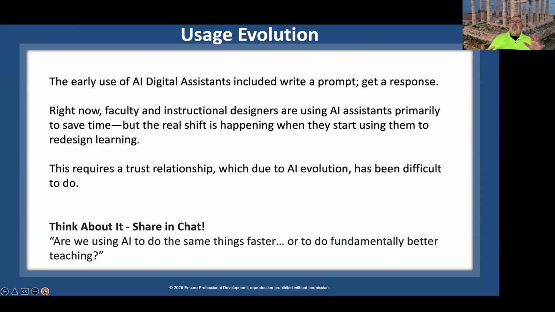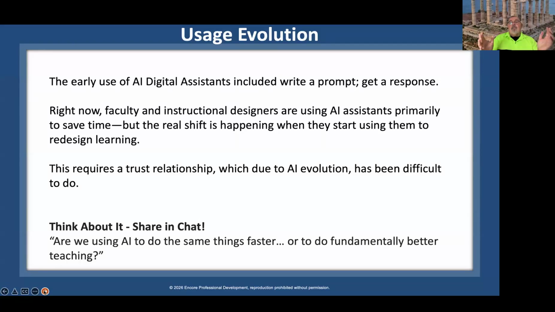So in the early use, let's just talk about evolution. This is really the last 2 years, 3 years that we've had these AI digital assistants, where we basically wrote a prompt and got a response. I'm going to ask you a question, you give me some information, now I know something, or I might be able to do something.